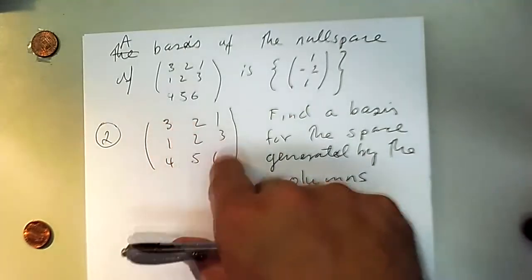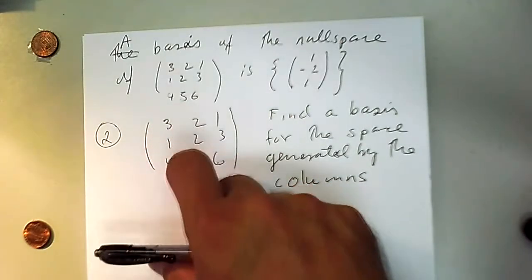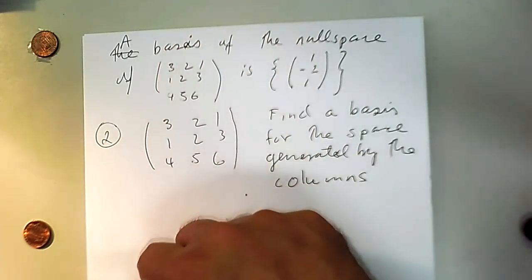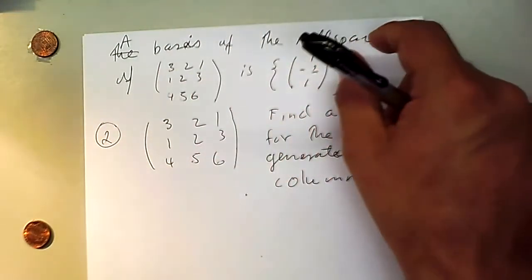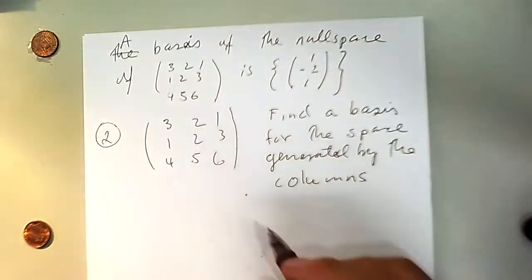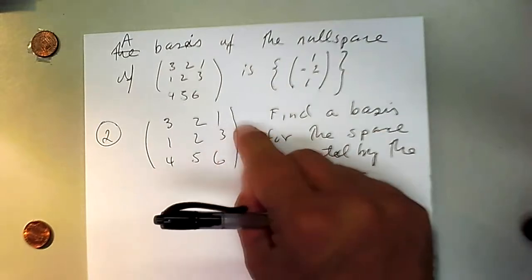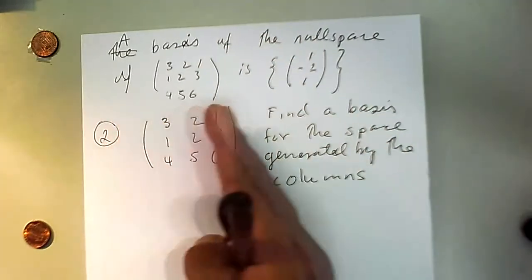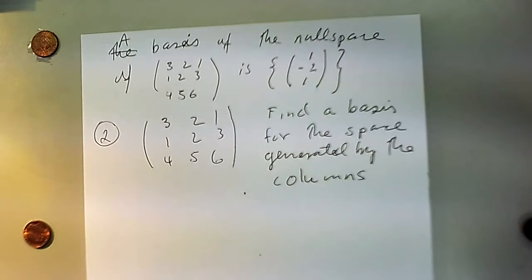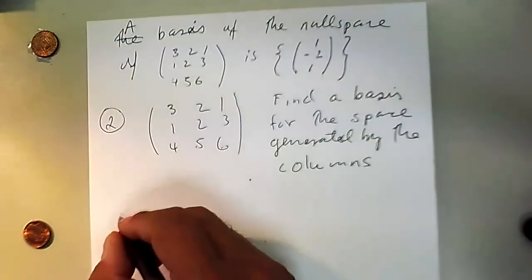So we want to reduce this matrix, but by columns, not by rows, because we want to detect any redundancy. So what I'm going to do is just reduce by column. Instead of doing row operations, I'm going to do column operations instead.